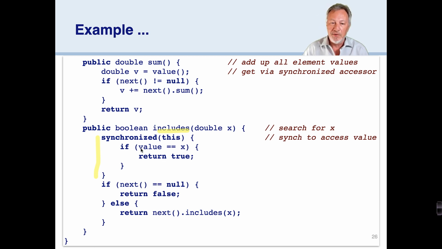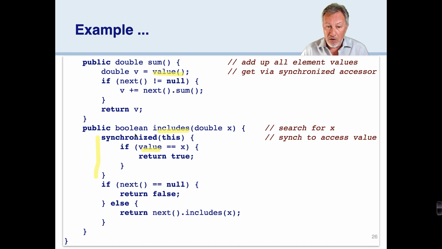Notice this is a little bit artificial an example, because I could have simply used the call to the accessor instead of directly accessing the instance variable, because this bit of code is not terribly complex. And there's no real race condition in here. But for illustrative purposes, here I'm using a synchronized block, because otherwise there wouldn't be a synchronized block anywhere in this code. So that distinguishes it from the example that we had before.